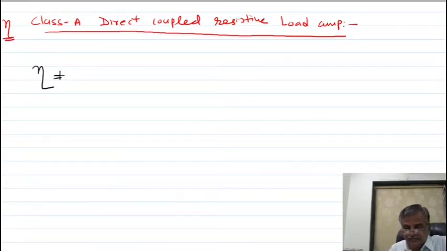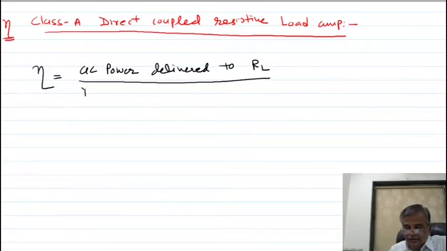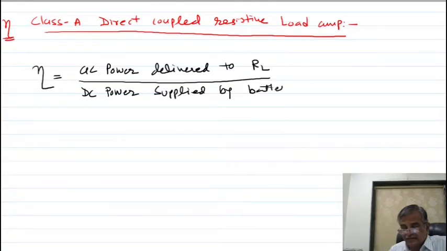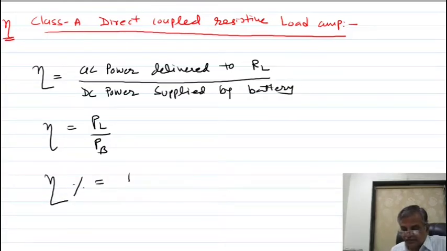Efficiency is nothing but the AC power delivered to the load RL upon DC power supplied by battery. So I am writing this is your PL, so this is your PB, this is efficiency. If I want to measure in a percentage, then this should be written like this.